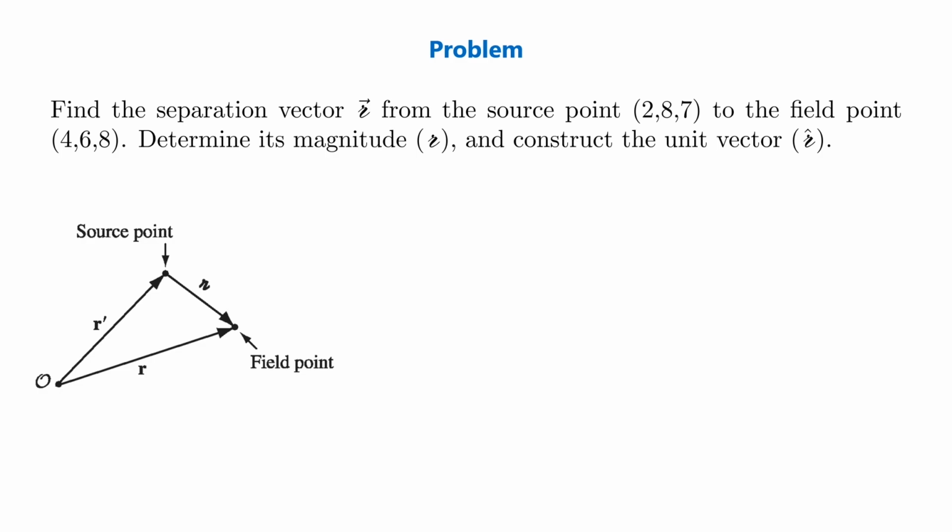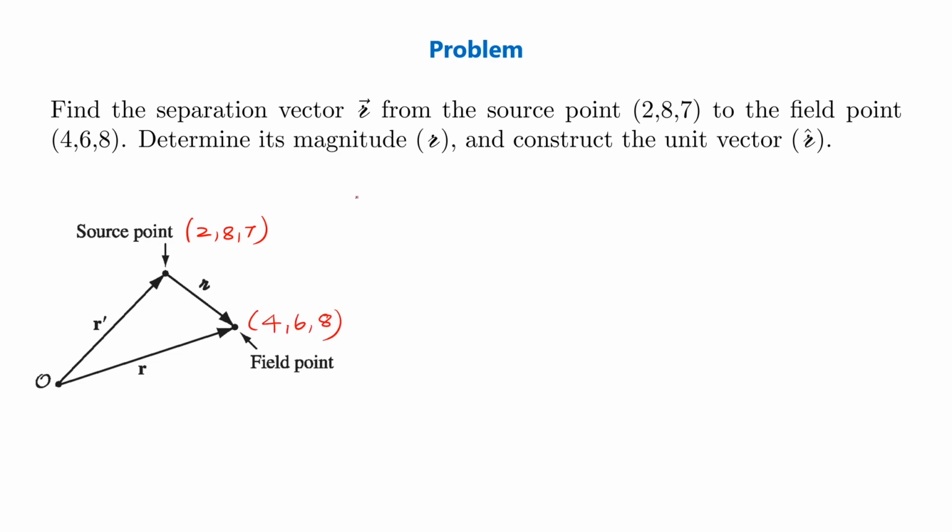Let's now try this problem. Find the separation vector script r from the source point 2, 8, 7 to the field point 4, 6, 8. Determine its magnitude and construct the unit vector. So the coordinates of the source point are 2, 8 and 7, and that of the field point are 4, 6, 8.